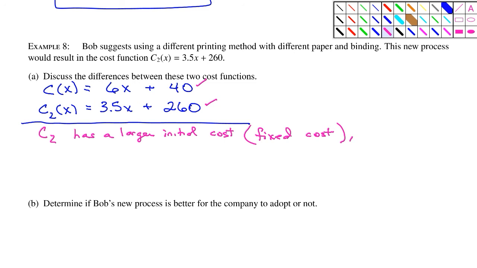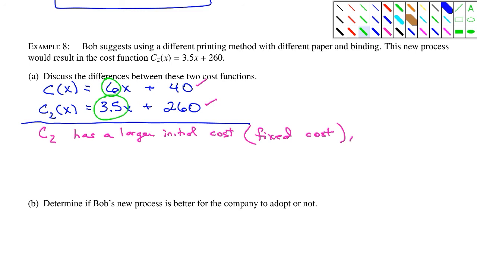And then what else can we determine? Well, now I look at the slopes. So I've got a 6 and a 3.5. And what do the slopes represent in each of these equations? Well, we already discussed that when we talked about slope earlier. They represent the additional cost per book. So the original C function we had cost $6 per book to print, but this new one cost $3.5 to print.